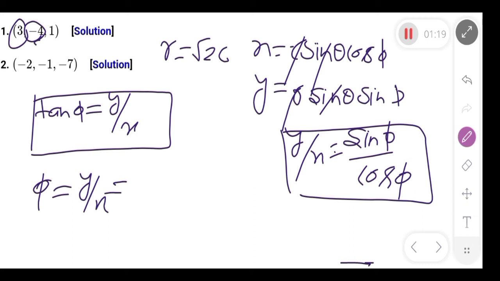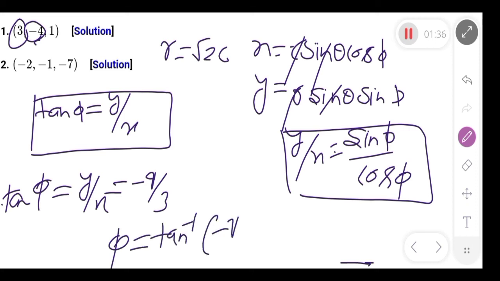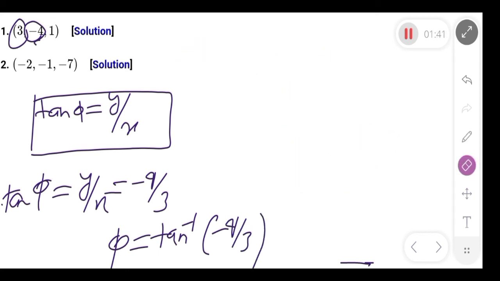So phi is equal to tan inverse of minus 4 by 3, which is equal to 1.3734.